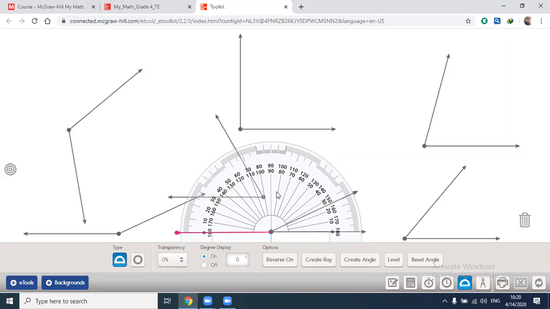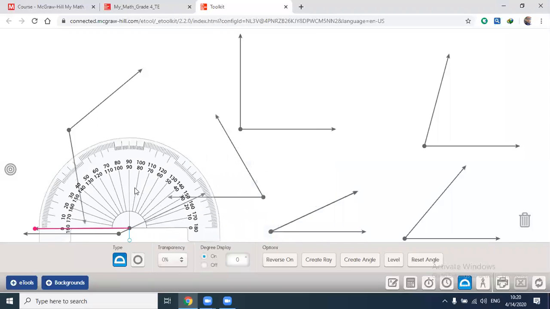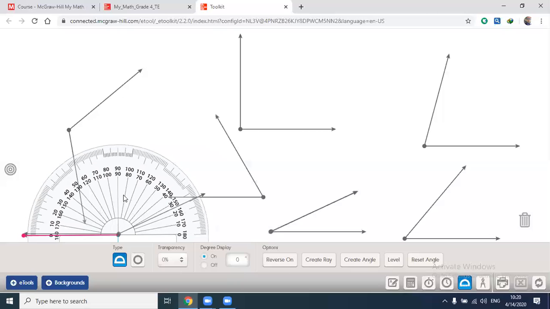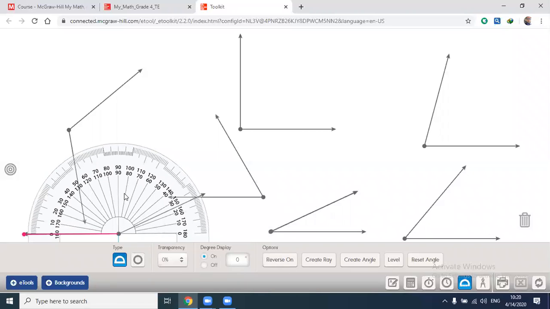Here also, I can measure this one from the left side, 0, 10, 20, following this reading until reaching the other side of the angle, 150, and then 160. Between 150 and 160, in the middle would be 155.